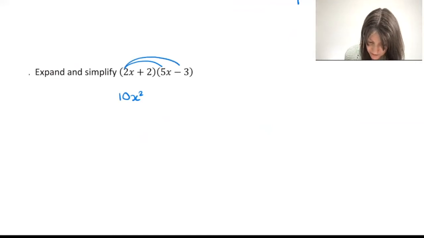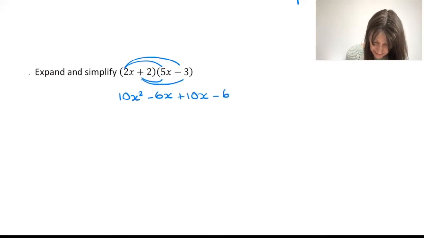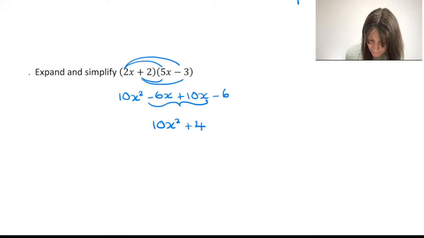And then 2 times minus 3 is minus 6. And 2 times 5 is plus 10x. 2 times minus 3 is minus 6. Tidy up that middle. You've got 10x squared, minus 6 plus 10 is going to get us to plus 4. And that would be our final answer.